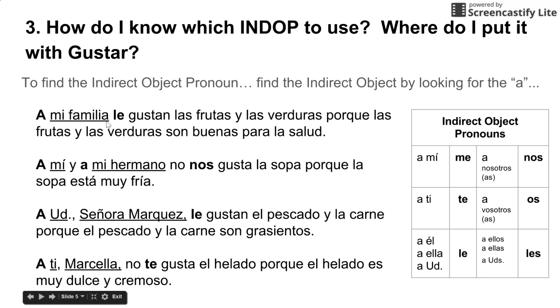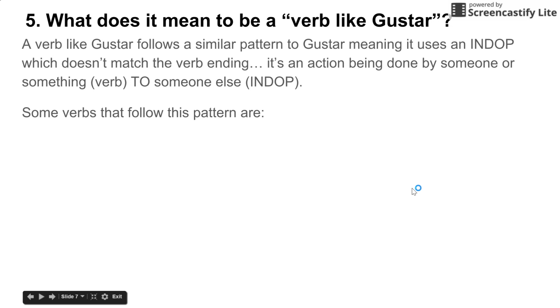So all of the things referring to the bolded indirect object pronouns have an a in front of them. If you find the a and then look at what's next to it, it will refer you back to this chart, which then you can decide is it singular or plural, about or to, and who are you really talking about? And then you can choose which one to use.